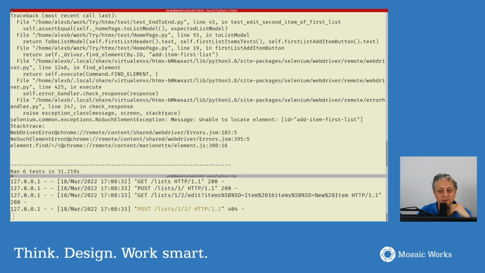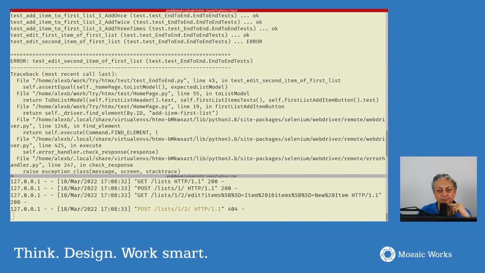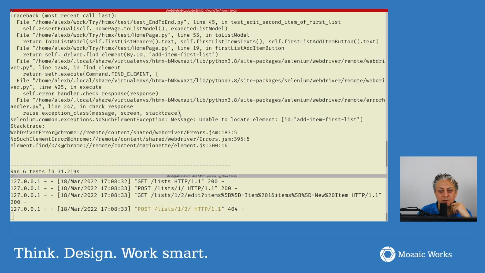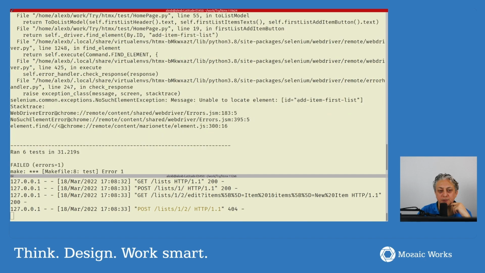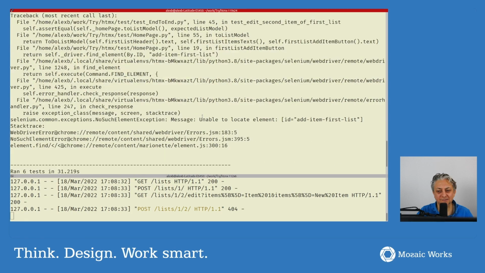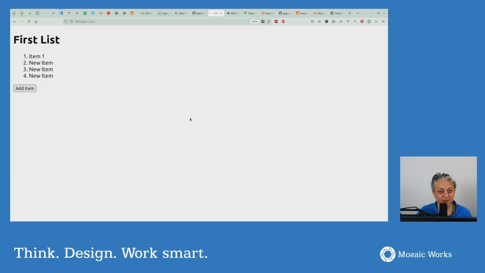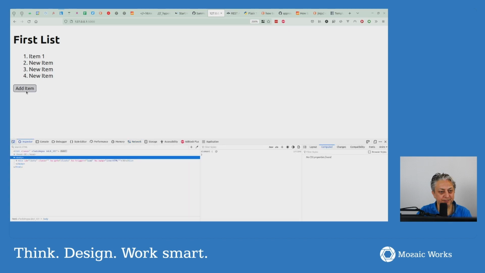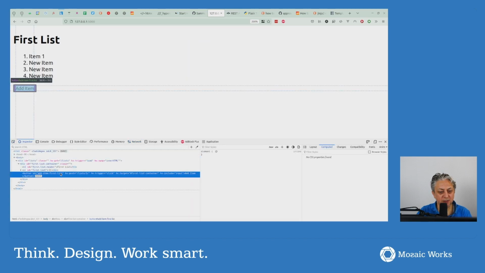All right, so what has happened now? No such element, add item, first list. What? This is weird. So this is still in the last one. Unable to locate. Okay. Now this may be at one another.